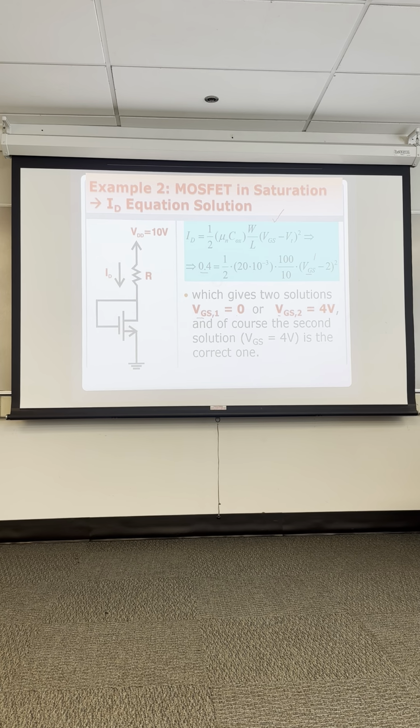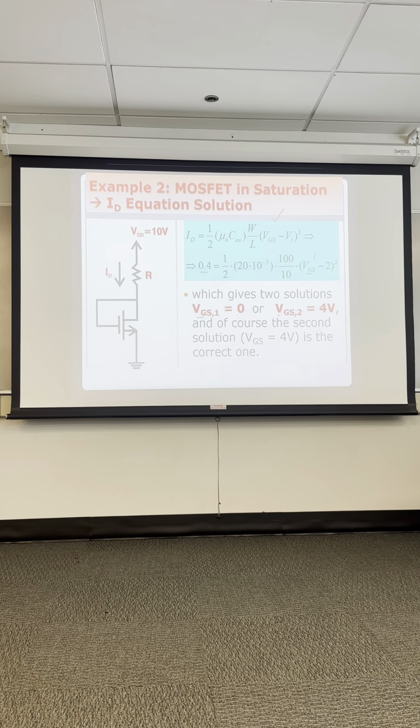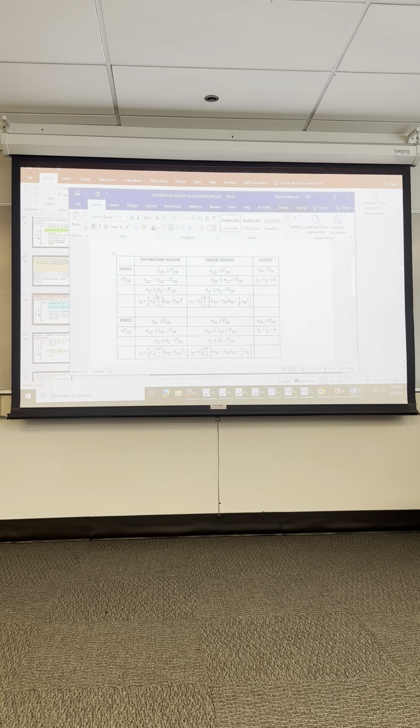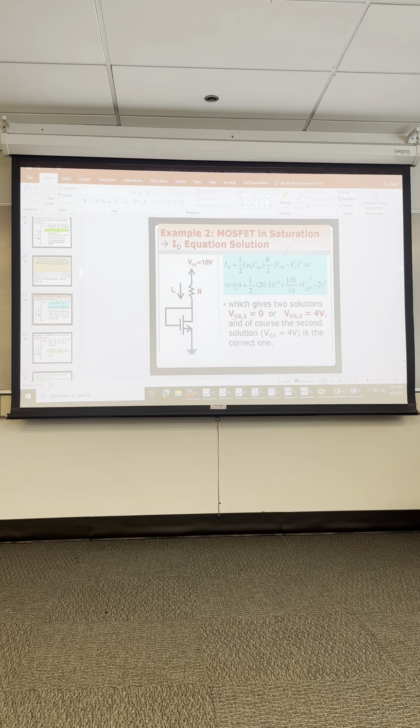We have our table, so we go to our table. From our table, the gate to source must be greater than the threshold. So it must be 4.